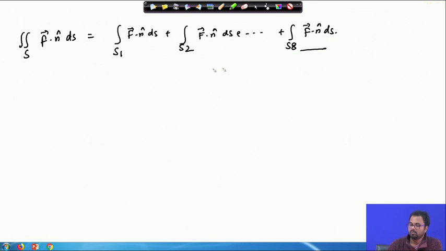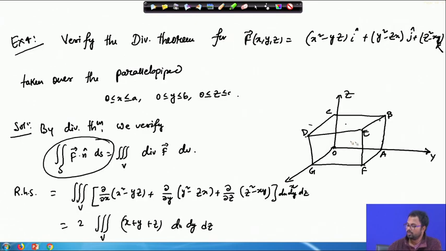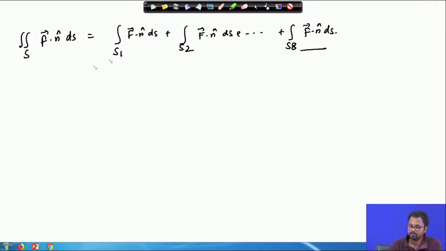All right. So, let us call this face facing front S1, or D E F G. Our n is basically i, and x equals a.